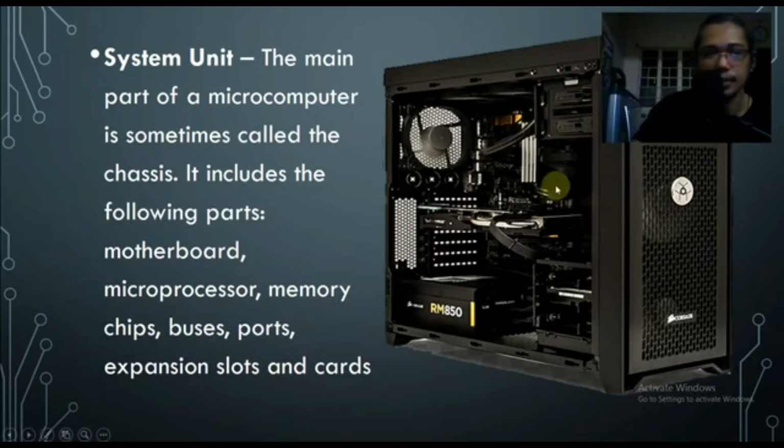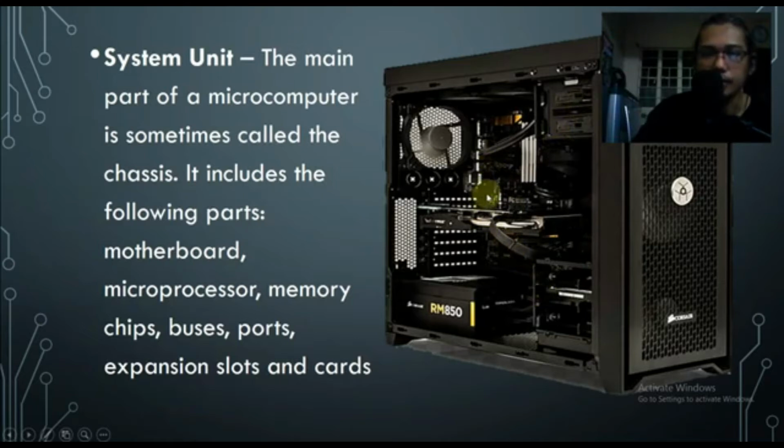This is the chassis. It includes all the following parts: the motherboard, which is found here, the microprocessor, memory, which is under here, the CD drive, chips, buses, ports, expansion slots, and cards. Everything is here, like the CD drive.